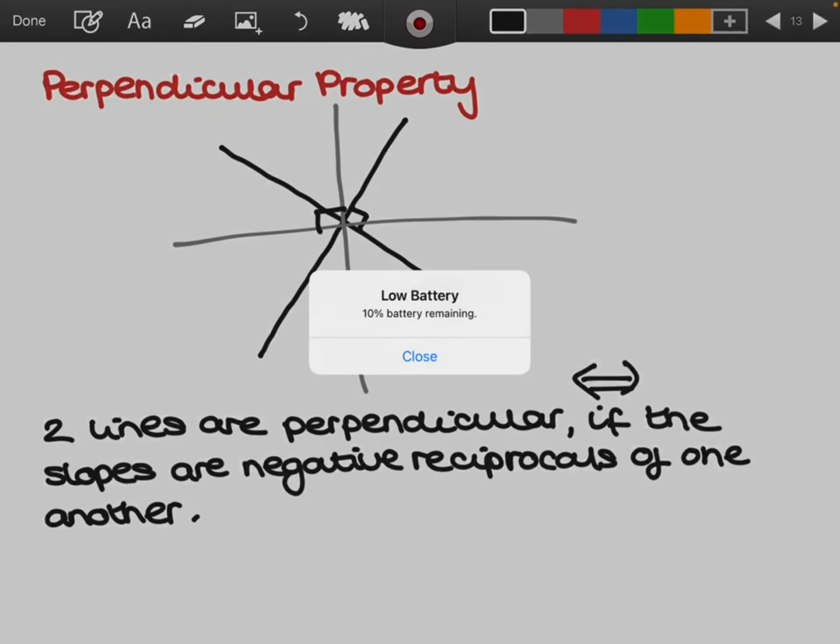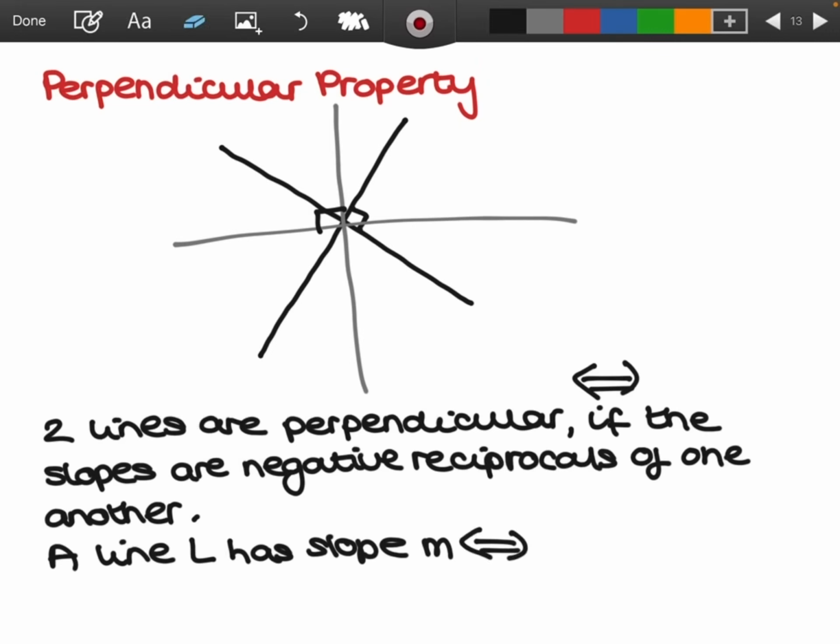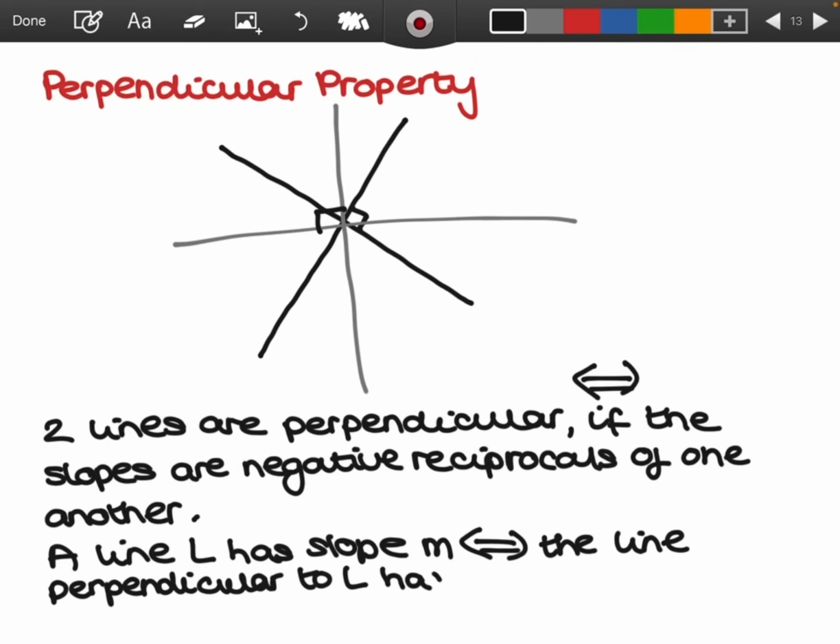What does it mean for negative reciprocal? Okay. If I go ahead and say that a line, we'll call it L, has slope m, it means that the line that is perpendicular to it, again, it works both ways, the line perpendicular to L has slope -1/m.